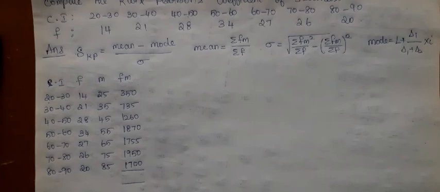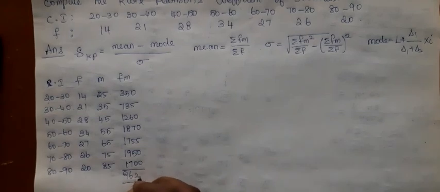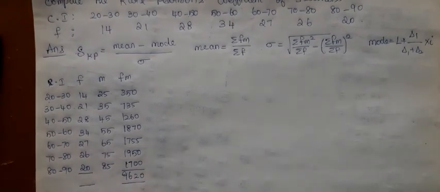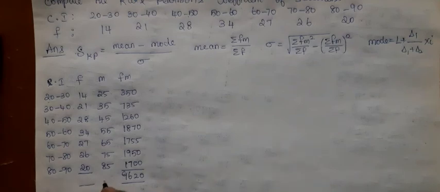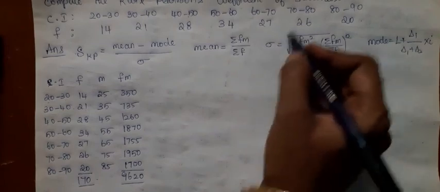So when I add all these values, you get 9620, and the sum of F values is 170. And with this the mean can be computed.